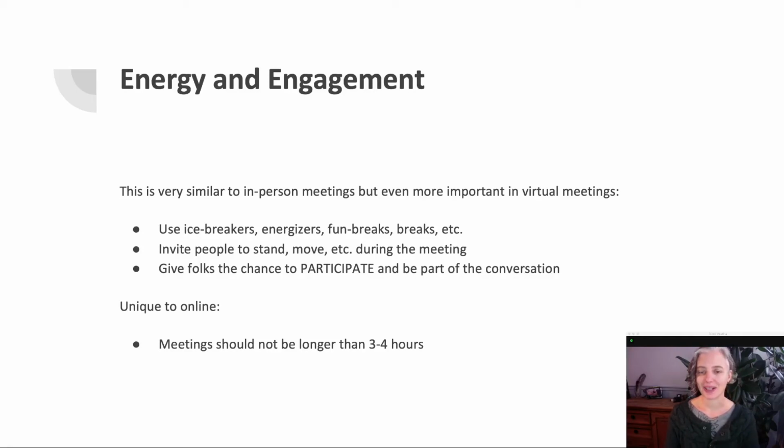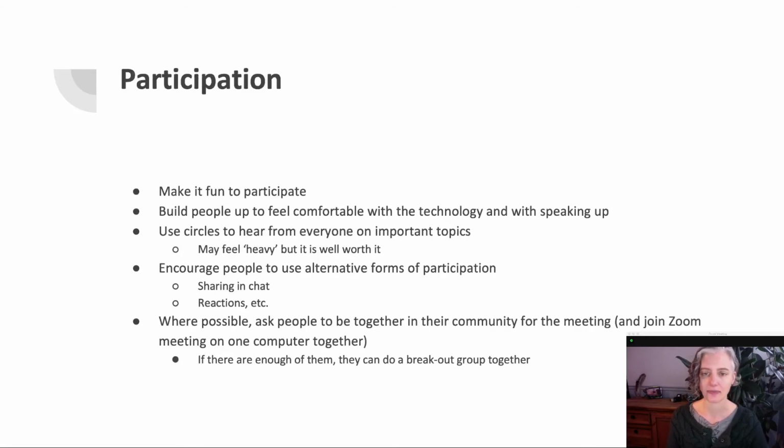One more thing is I sometimes invite people literally just to stand up in front of their desk and do some stretching, or maybe you want to put some music on and do some dancing, or invite people to move. And of course, to participate and be a part of the conversation. I think I already mentioned that I would strongly recommend never going over 3 or 4 hours for virtual online meetings.